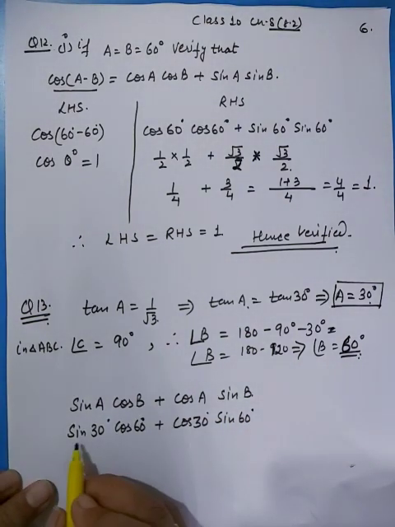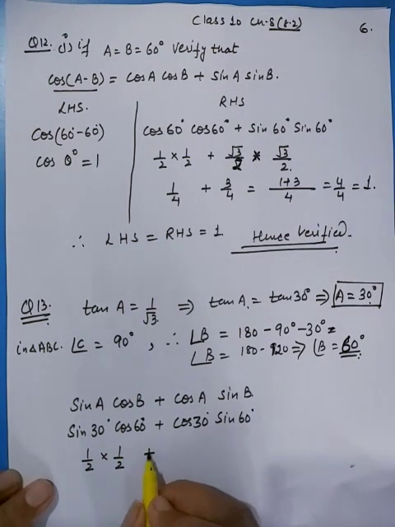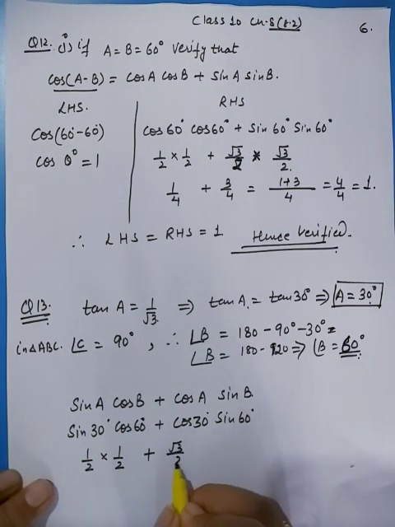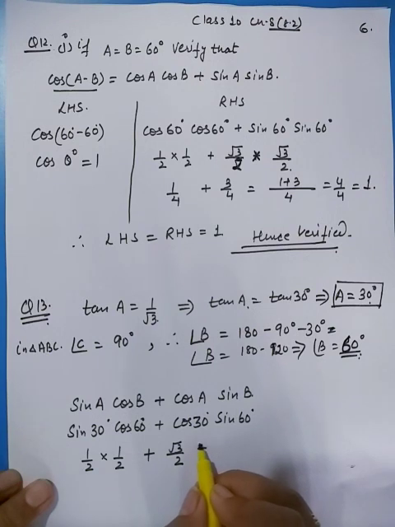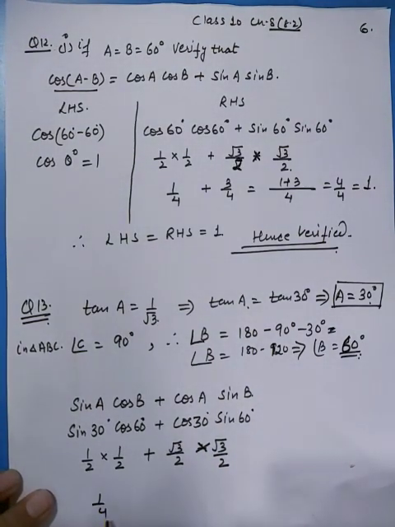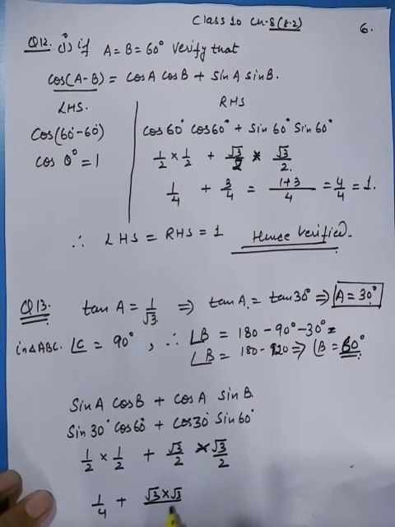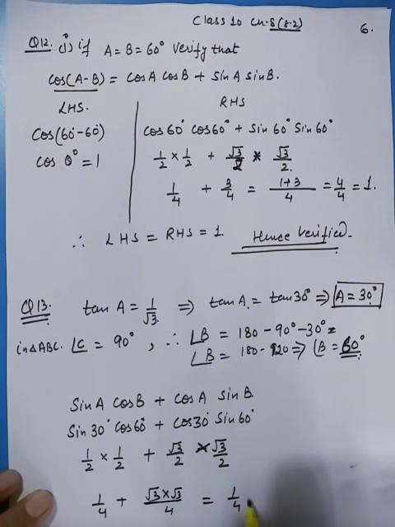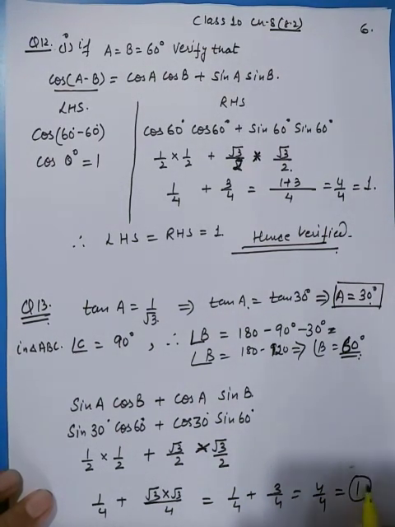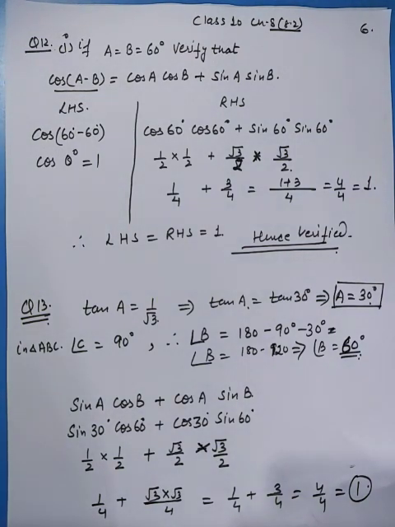Now put the values. Sin 30 is 1 by 2, cos 60 is also 1 by 2, cos 30 is under root 3 by 2, and sin 60 is also under root 3 by 2. We can solve it. 1 by 4 plus 3 by 4, and it will be 4 by 4 is equal to 1. So finally the answer for this is 1.